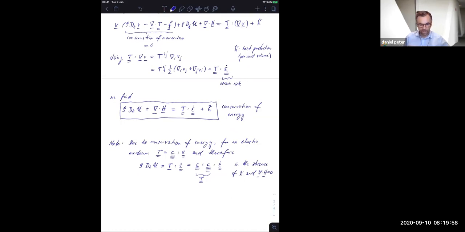And the symmetry that follows from this for the elastic tensor is that C_ijkl has to be equal to C_klij. So this symmetry of the elastic tensor is due to the conservation of energy.